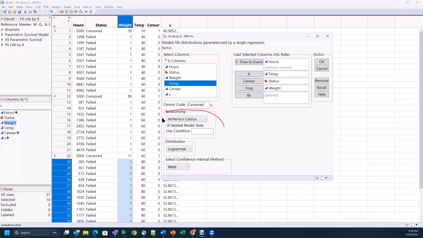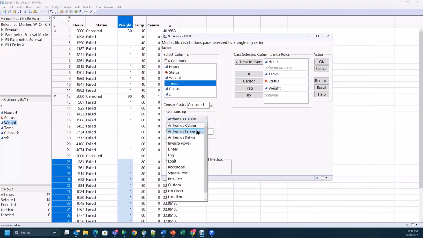Now there are some relationships here. Arrhenius Celsius. There are 3 different Arrhenius equations that link these temperatures to each other in the reliability domain. We're working with Celsius temperature, so I'm going to keep it with that. If you had Fahrenheit or Kelvin, you could do that. If you're not working with temperature, sometimes you're working with increased stress or something like that.